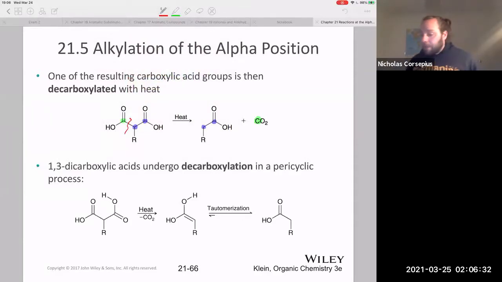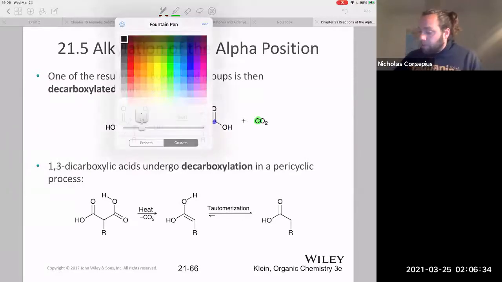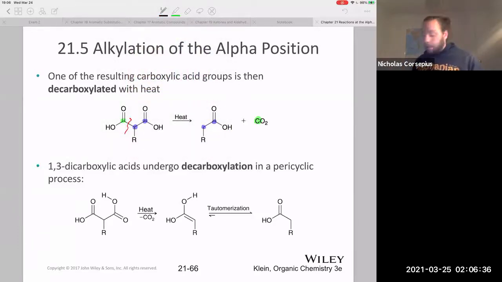This is actually a process that you can do for any, it doesn't have to be this dicarboxylic acid. I guess a 3-oxo carboxylic acid can undergo decarboxylation, which is a loss of CO2. Okay, so it doesn't have to have 2 carboxylic acid groups like it does here.